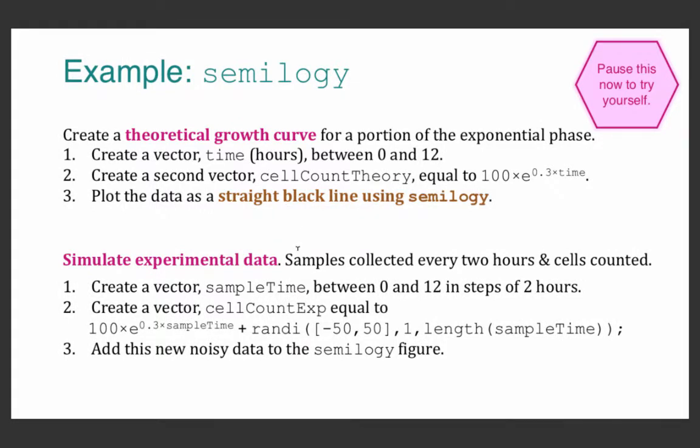We could also simulate experimental data. Of course, it doesn't quite exactly follow this theoretical curve. So we can add minus 50 to plus 50 to the actual theory, and let's just do that.